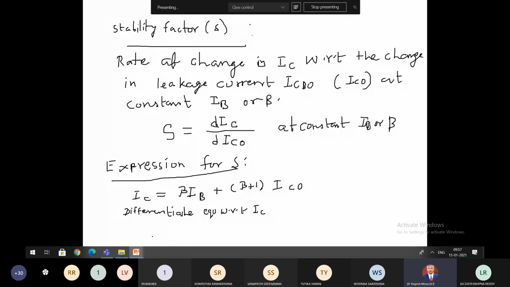So what we will get here: left hand side I will get 1, then this side beta dIB by dIC plus beta plus 1 dICO by dIC.